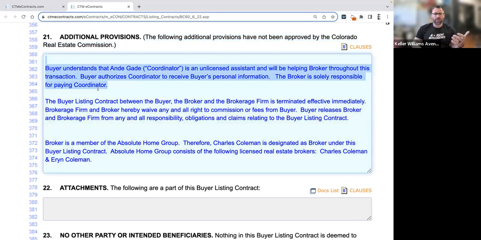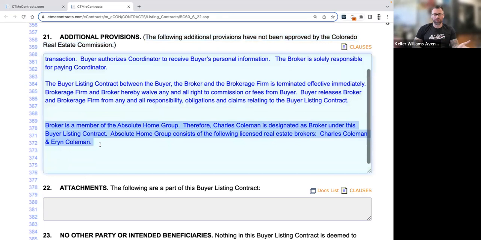We cannot, other than certain things like this and maybe this one, put the same clauses in over and over and over again. That's also against the rules. But there are going to be different times where we have to do some different things, and we have the ability to actually write our own provisions.